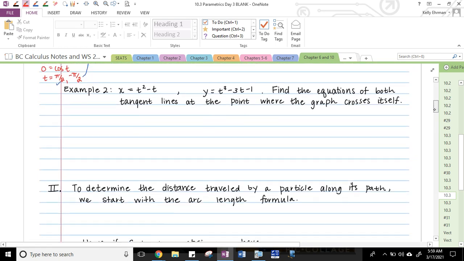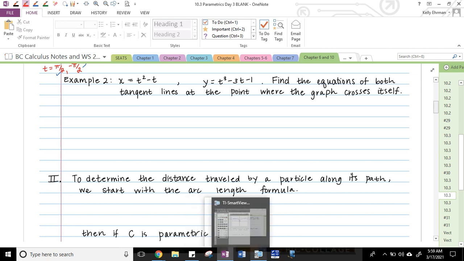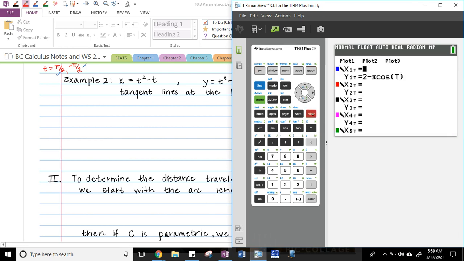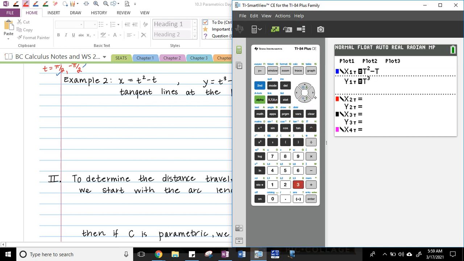All right. For example 2, find the equations of both tangent lines at the point where the graph crosses itself. So again, we need to go to our calculator and type in these new equations: t squared minus t, and t to the third minus 3t minus 1.